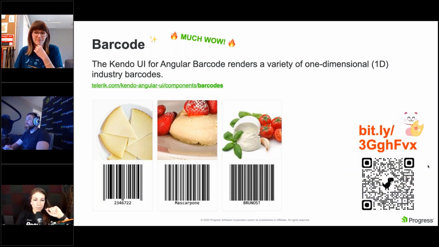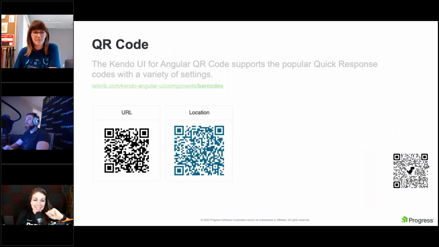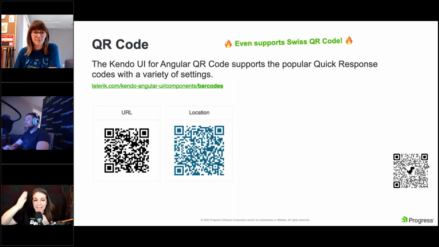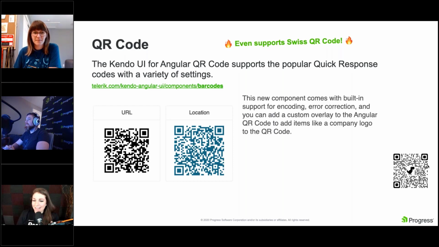Underneath the barcode, you'll notice if you npm install it, you install not only the barcodes, but another new component that we have, the QR code. So in our docs, under /component/barcodes, you'll find both the barcodes and the QR codes. I'm going to pull up that bit.ly so you can see that as well.